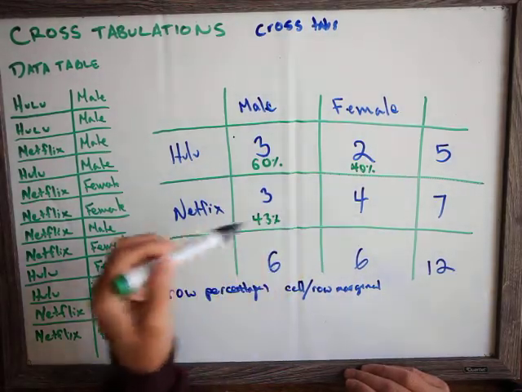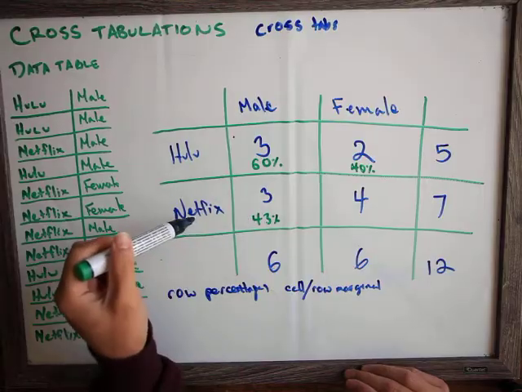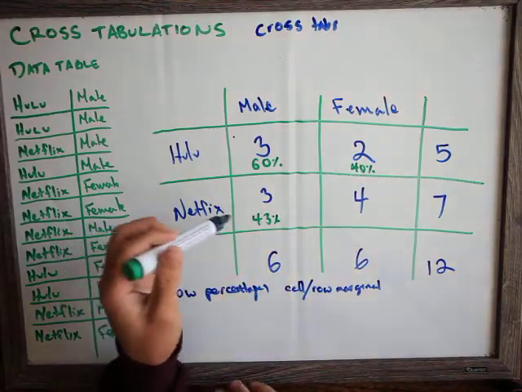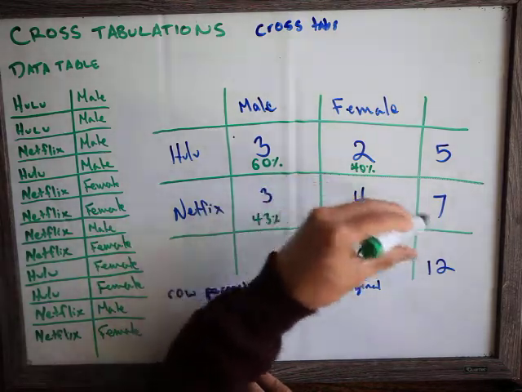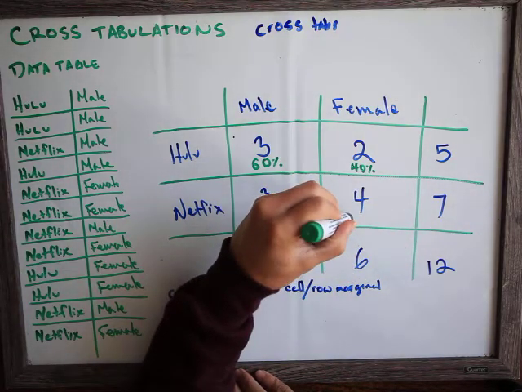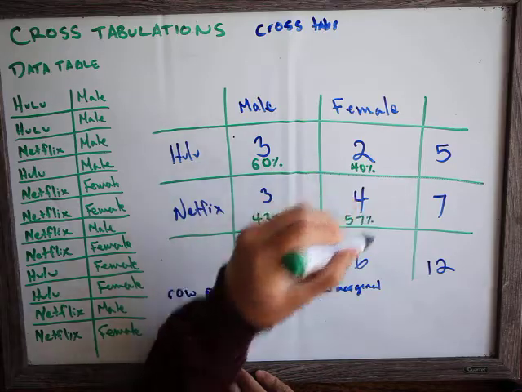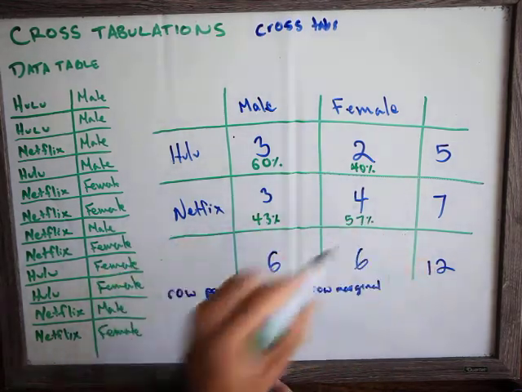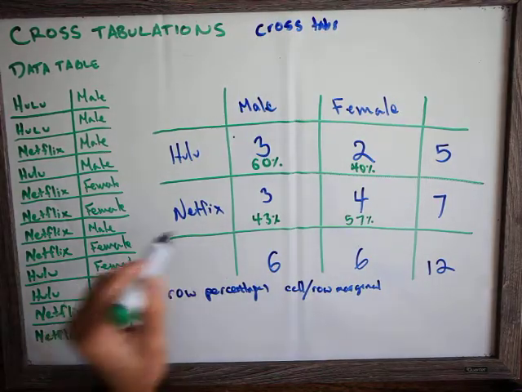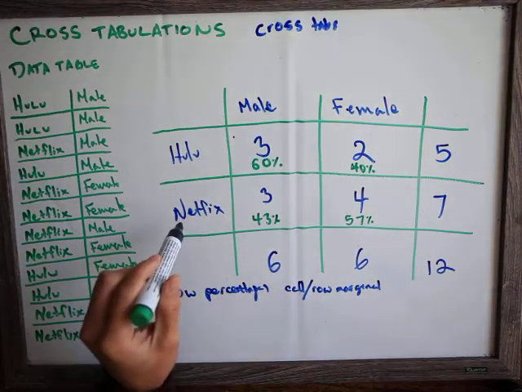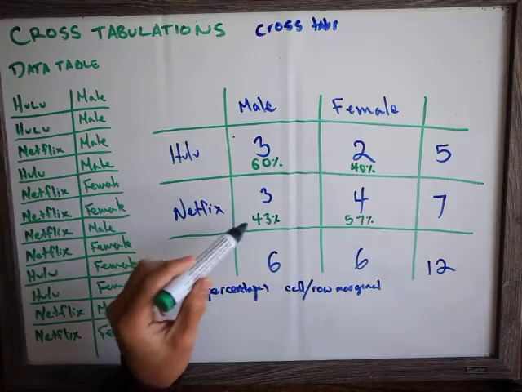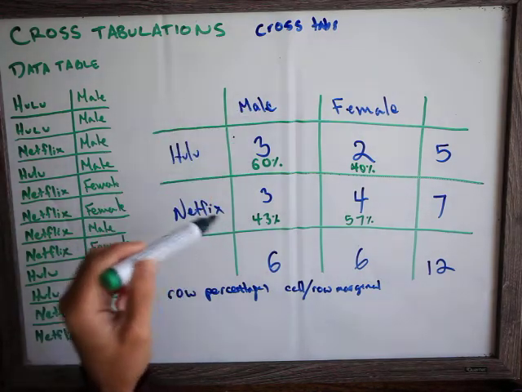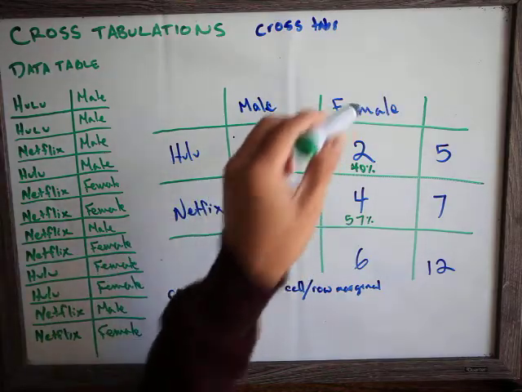Now let's do the row percentages for Netflix and female. 4 divided by 7 is 57% approximately after rounding. So 43 and 57 are our row percentages for Netflix. That is 43% of Netflix watchers are male, and 57% of Netflix watchers are female.